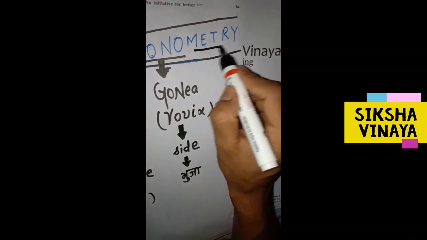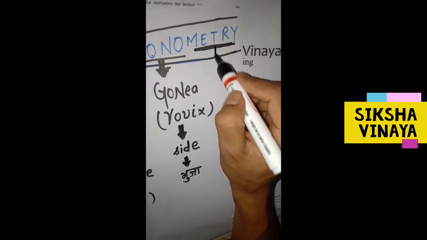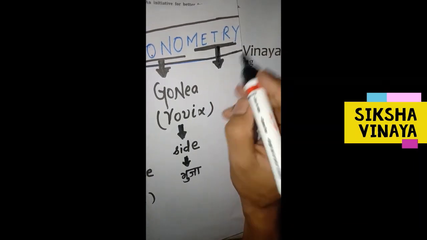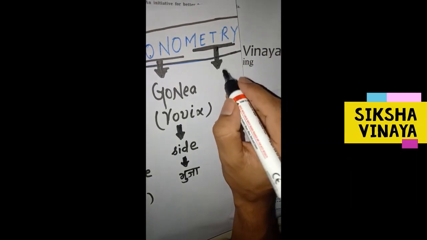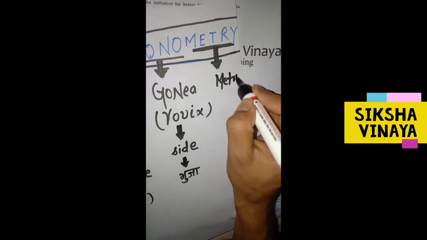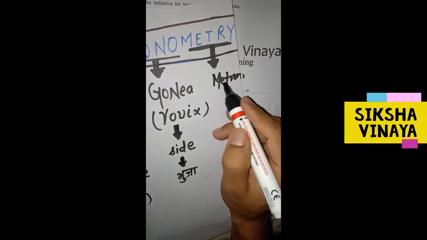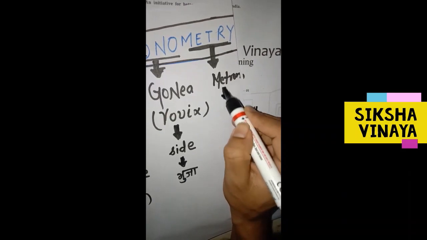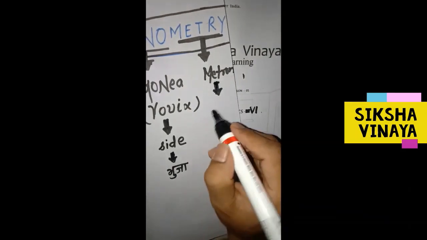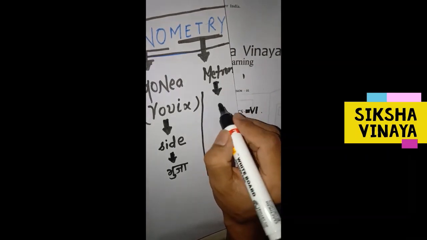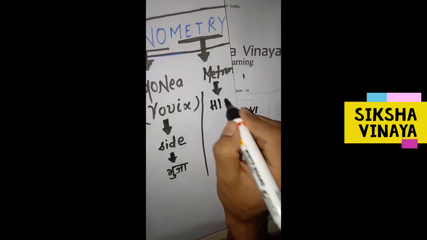Now the third word is metri, which is also derived from the Greek word which is called metron. And here again, this word metron is actually derived from the Sanskrit word called matra.